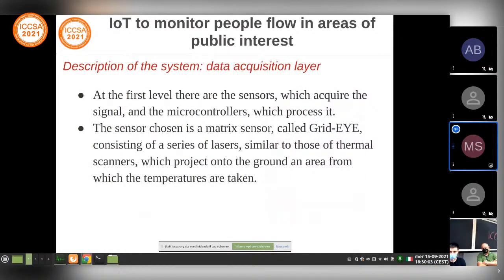We can now pass to the description of the data acquisition layer. This layer contains every object related to the collection and conversion of sensor data into information processable by higher layers. The sensor that we have chosen is a very common sensor, and it works in a similar way to thermal scanners.